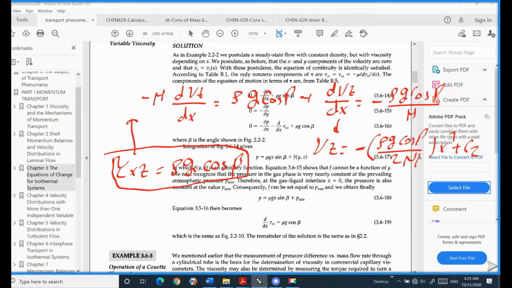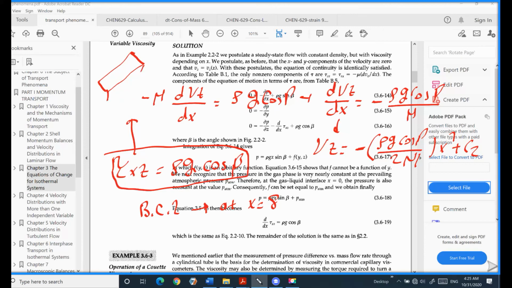Now we have this equation. Now we need to find this C2, so we need to set the second boundary condition. Boundary condition 2 is going to be at x equal to the thickness. What was the thickness again in the flow?